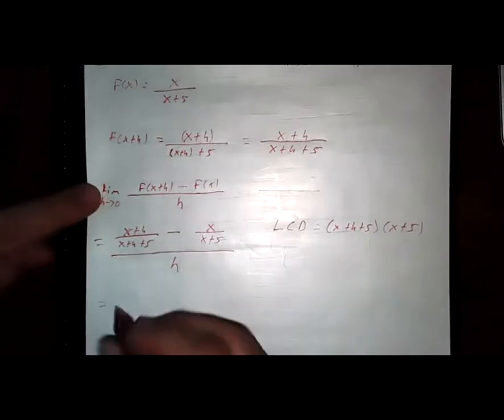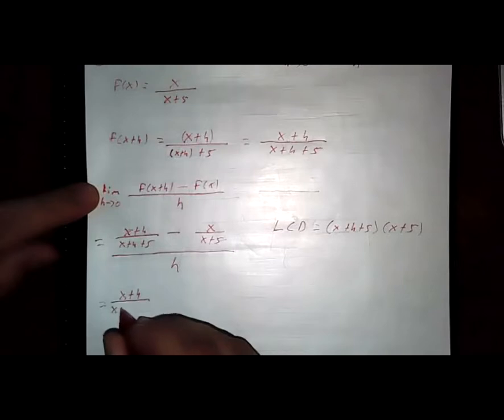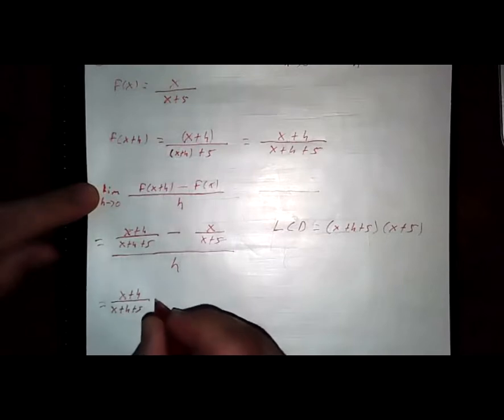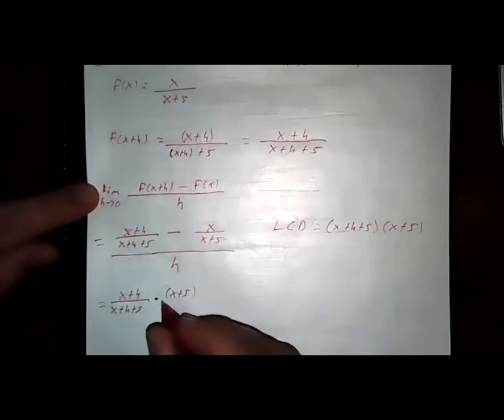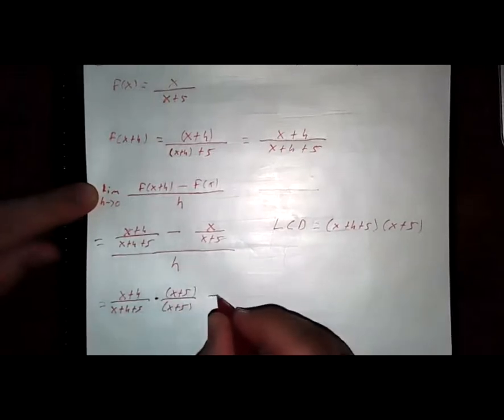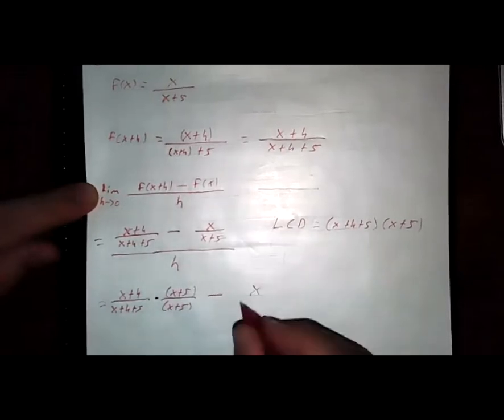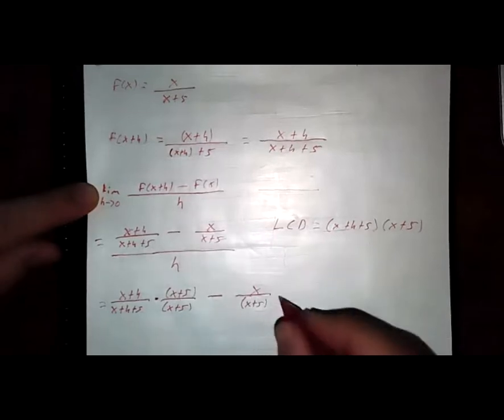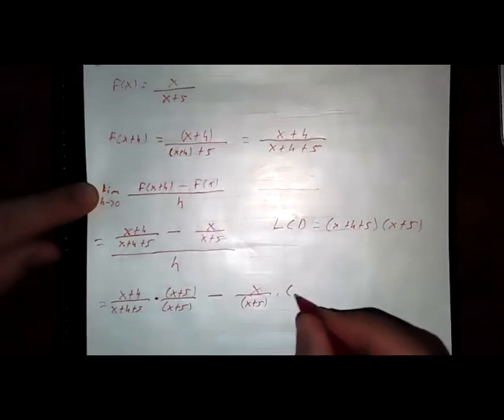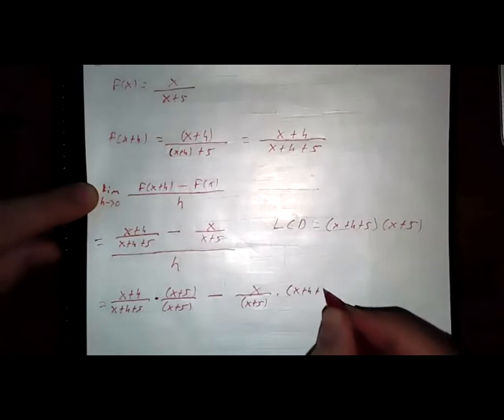They're not pretty fractions, but the idea is not complicated. It just looks nasty. So multiply this guy by the missing part in order to introduce the LCD. We've done this a bunch of times back in the day. This guy needs the other piece, so multiply by x plus h plus 5.